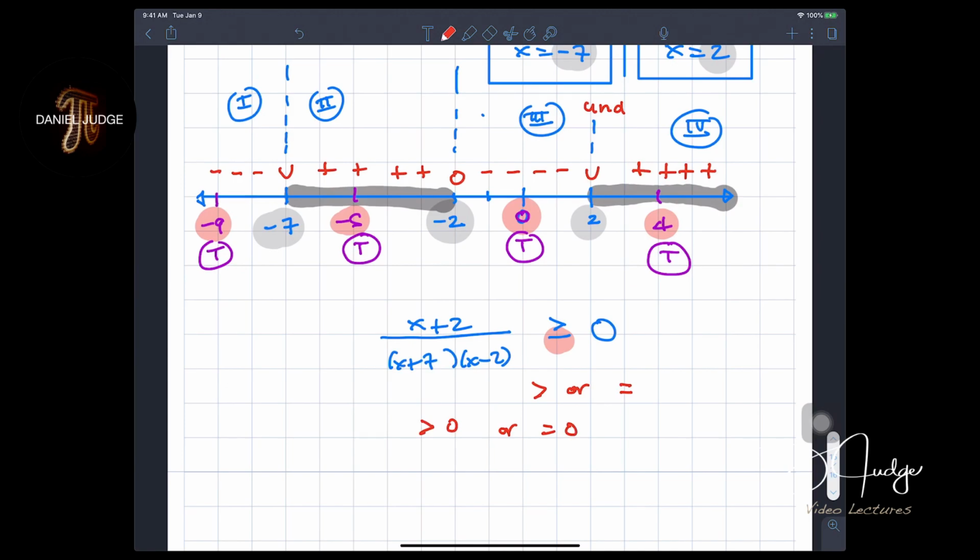So we know where it's greater than 0, but I'm going to ask you guys what values of x make this equal to 0. What values of x make this equal to 0?